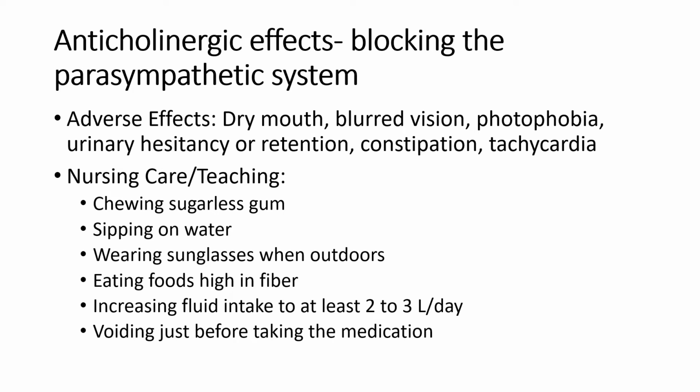I'm going to have blurred vision. Why? Because my pupil is dilated. There's a lot of light coming in, and that can create blurry vision. It can also create photophobia, which is pain with bright lights, and the reason for that is because the pupil is so dilated.